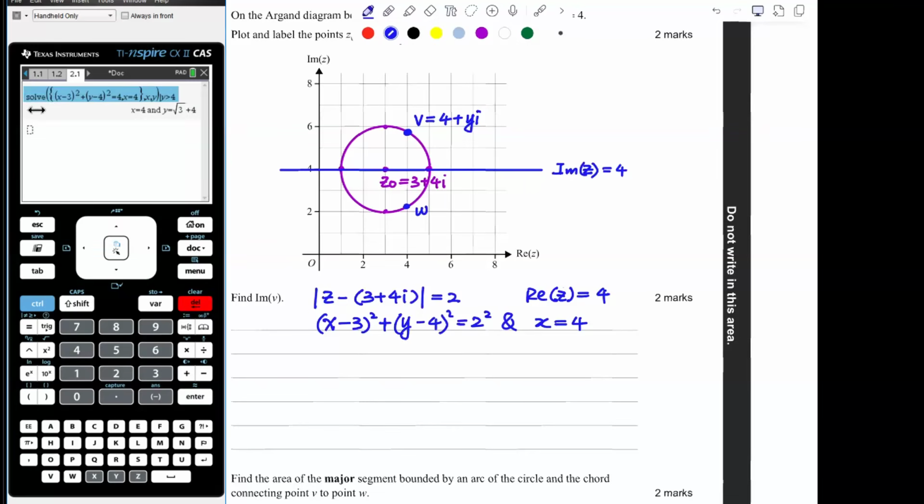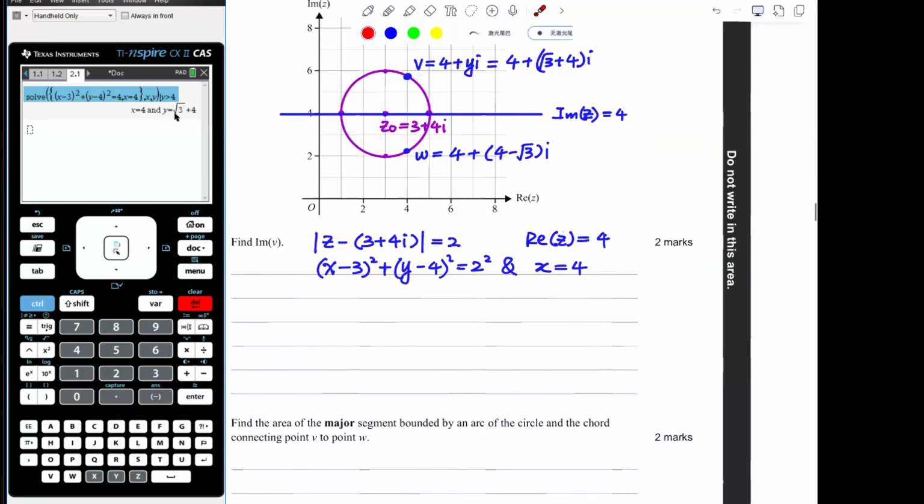You only get, let's say, root 3 plus 4, okay? So you can label this one as 4 plus (root 3 plus 4)i, and this one will be 4 plus (4 minus root 3)i, because I think this distance here must be root 3. This distance must also be root 3, and these two will be the reference points of this perpendicular bisector, okay?